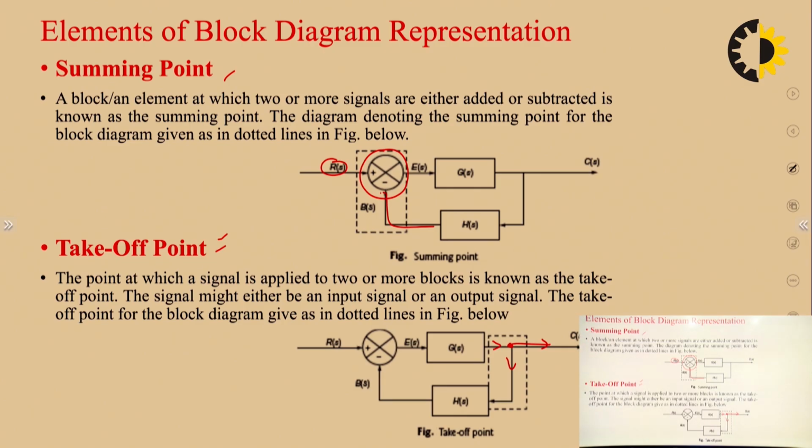This signal might either be an input signal or an output signal. The takeoff points are shown as dotted lines in the figure below. We have to understand the concept of summing point and takeoff point before reducing any block diagram.